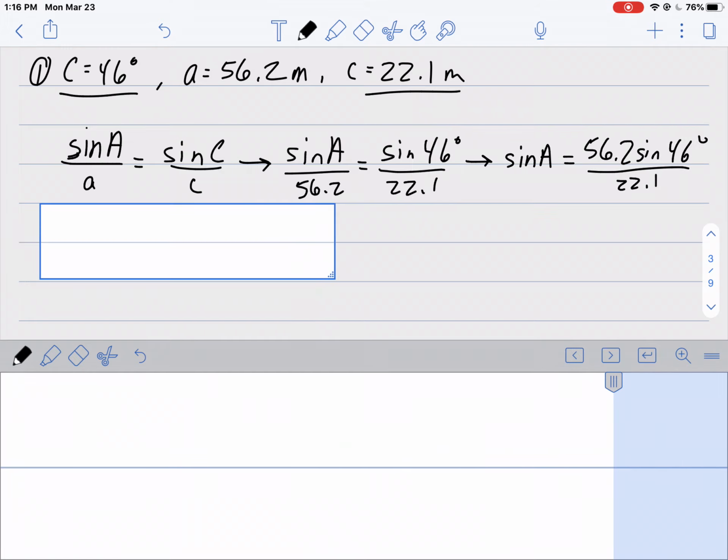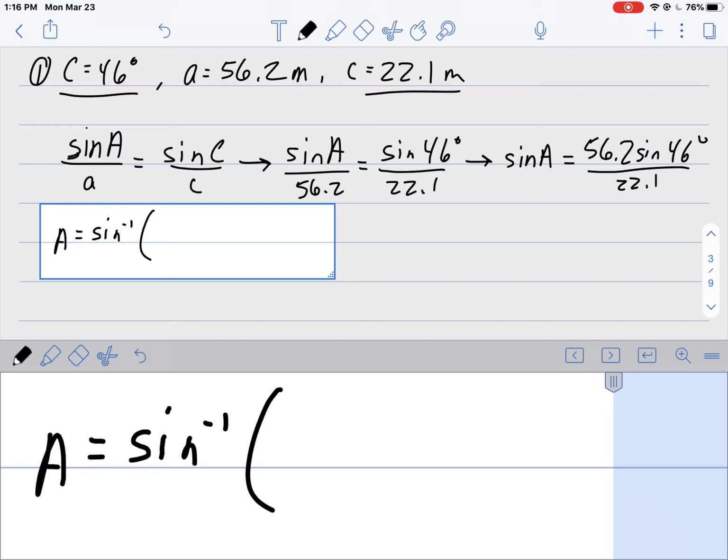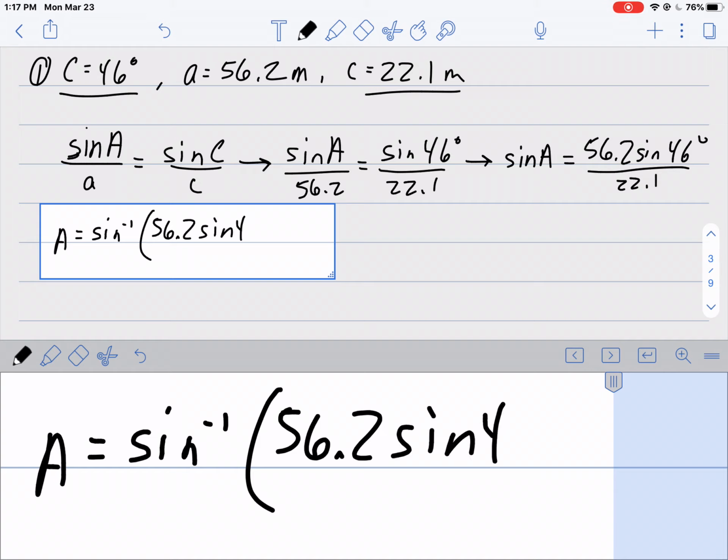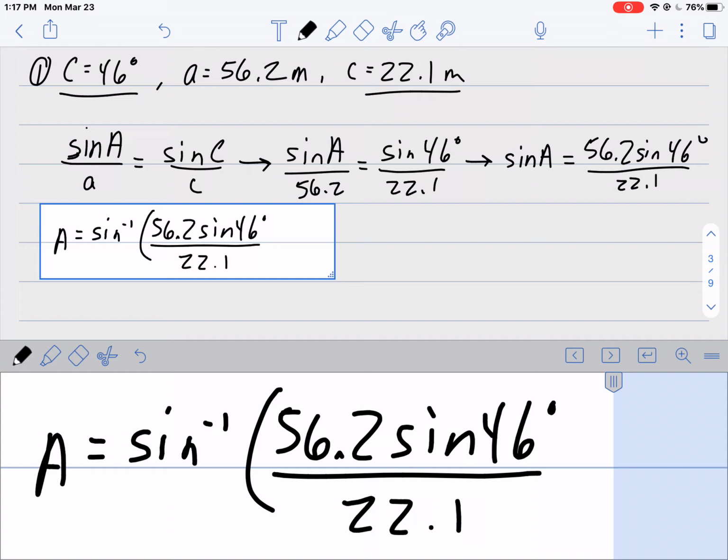Here's why. I'm going to say instead that A, our angle, equals the inverse sine of that big ugly fraction, 56.2 sine 46 degrees, etc. And I'm going to back up right here because this is not what I wanted to do.